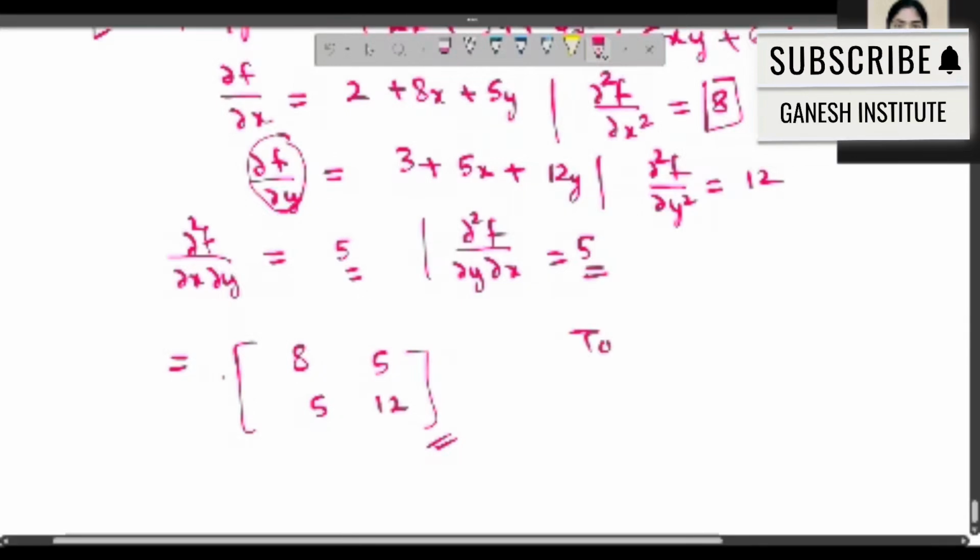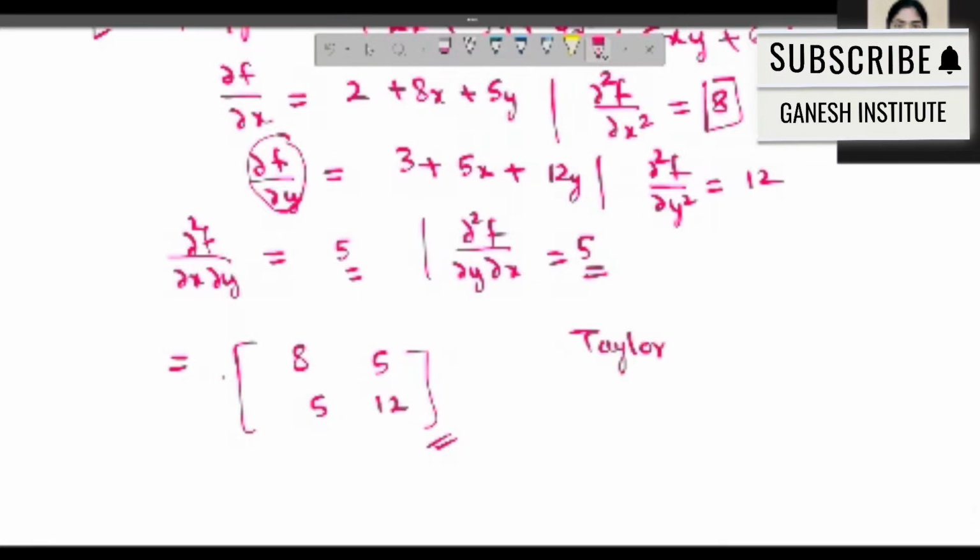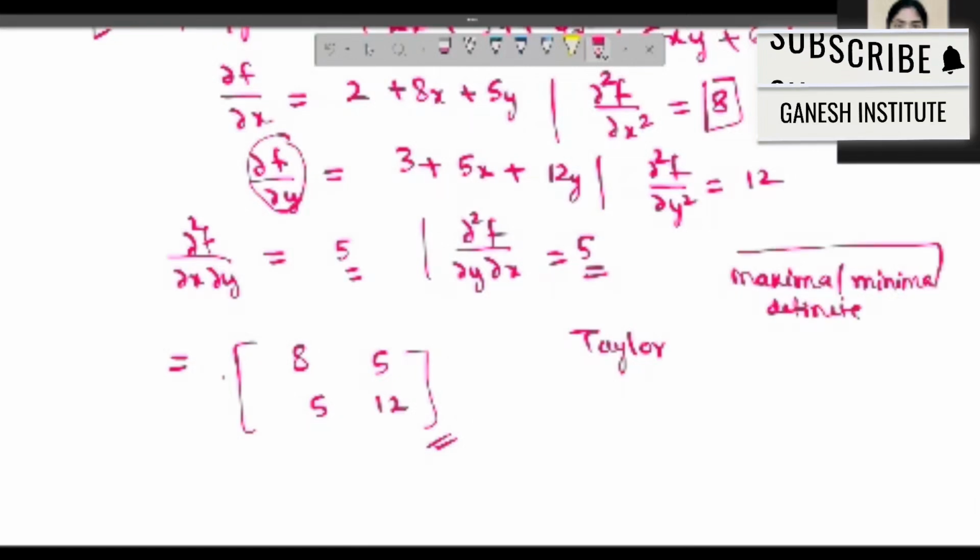And I'm asked to find out whether it has maxima or minima, or whether the condition is definite, indefinite or semi-definite. These sort of questions are asked based on the function given, or the keyword Hessian is used.